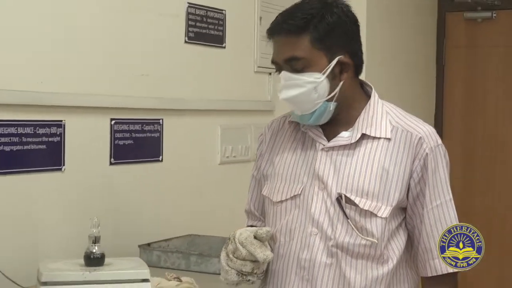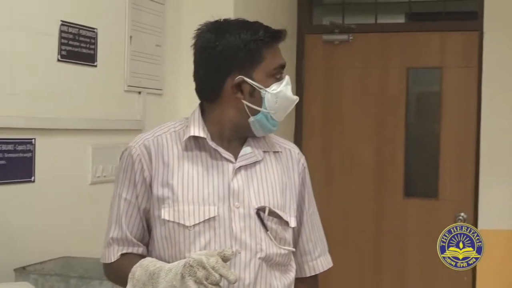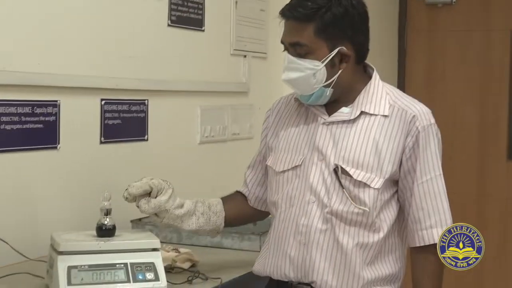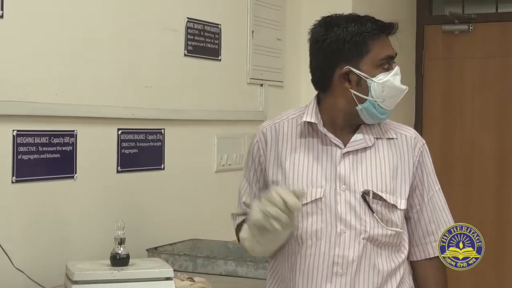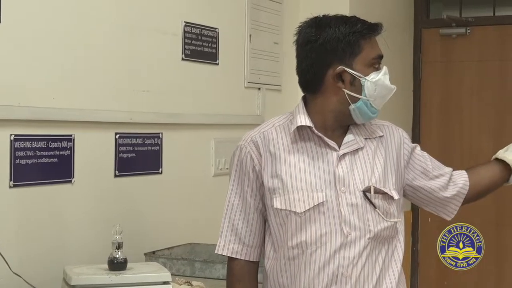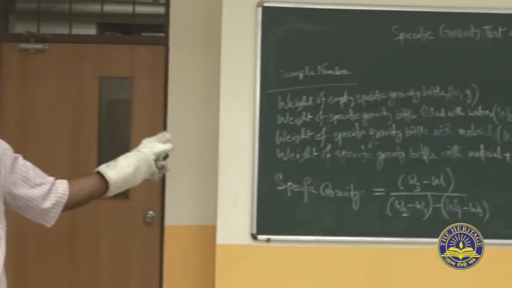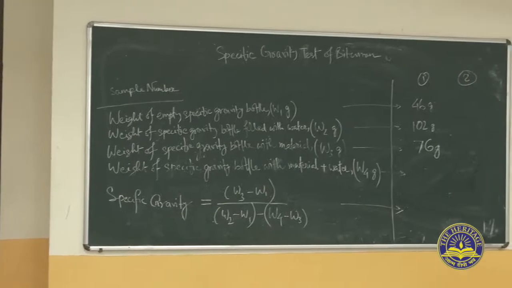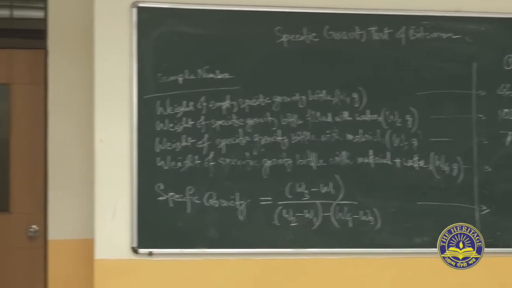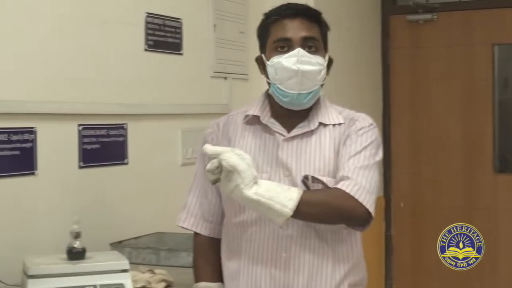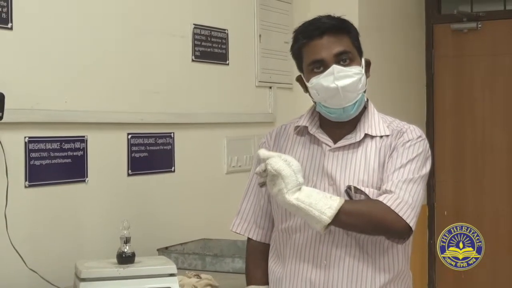My next work is to add the left 50% with water, that is W4 gram, the weight of the specific gravity bottle with material plus water.